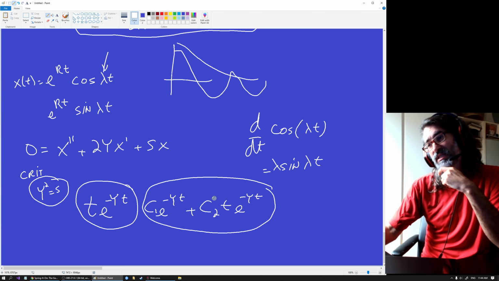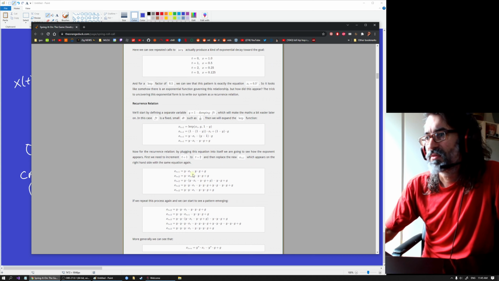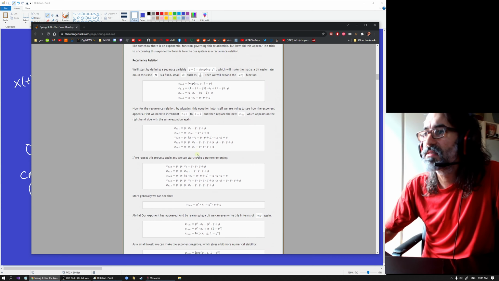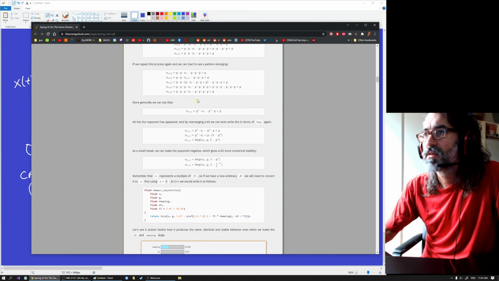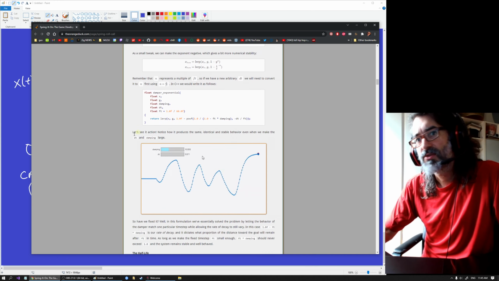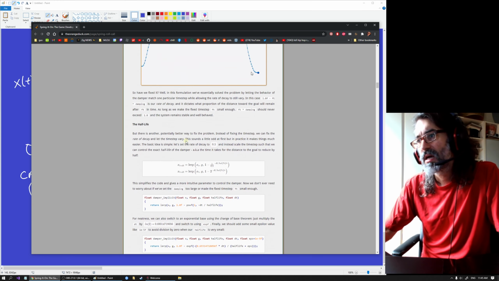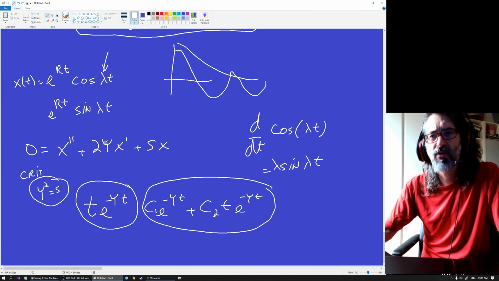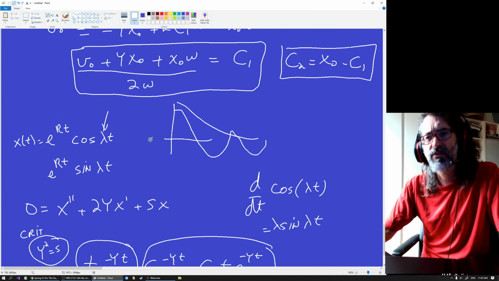So if you look at this blog post, what I explained is explained in a different way. You can look at all this. It's a really, really nice blog post. But when you get here, that's one way of doing it. So what I showed is a different way. I think it looks more like what you would learn in a differential equation course.